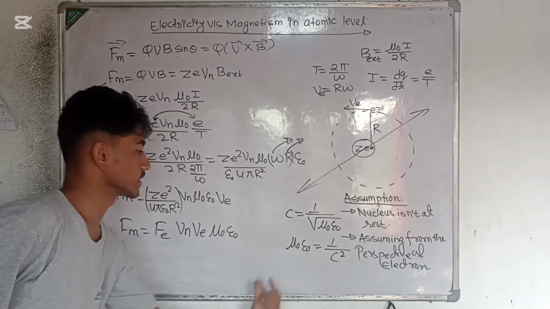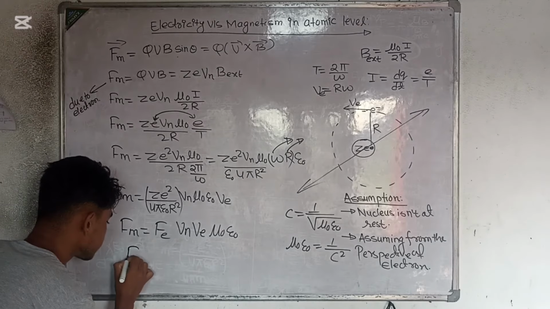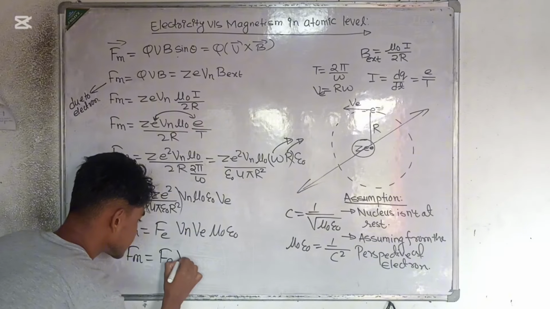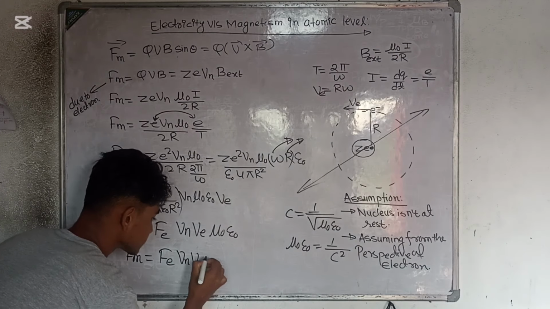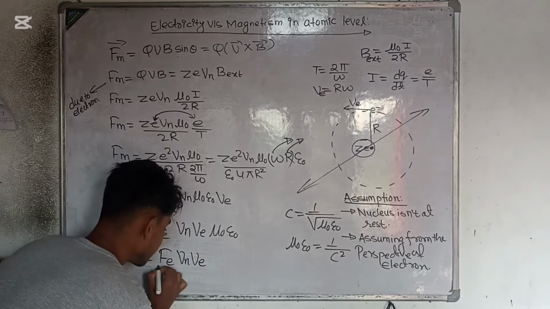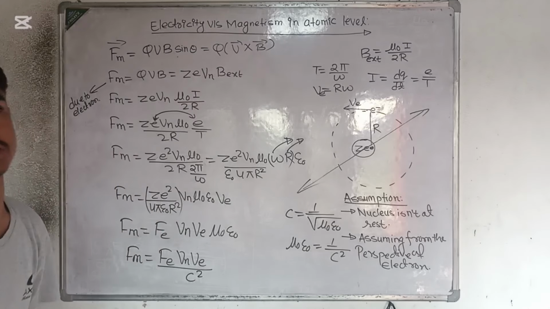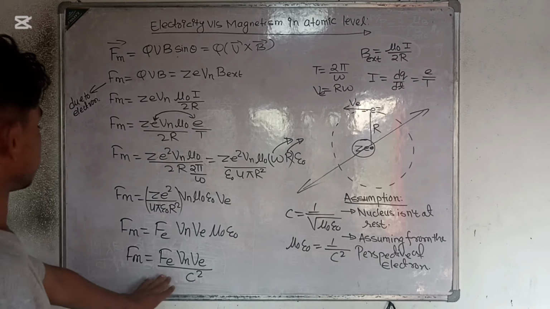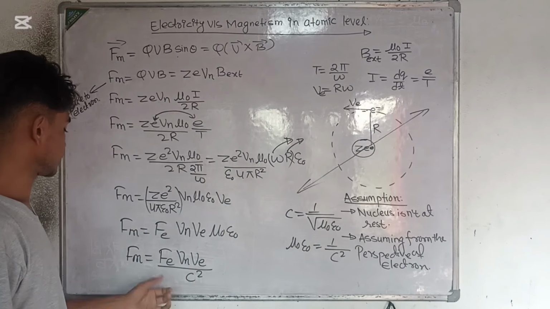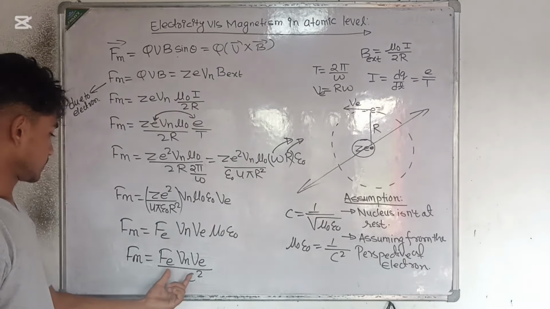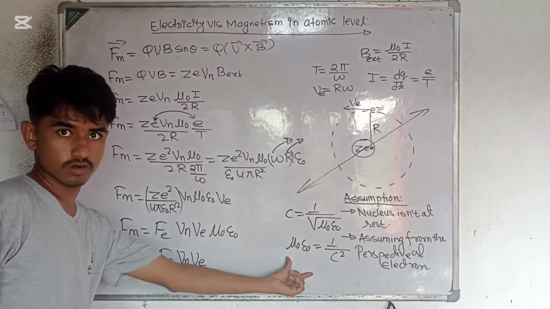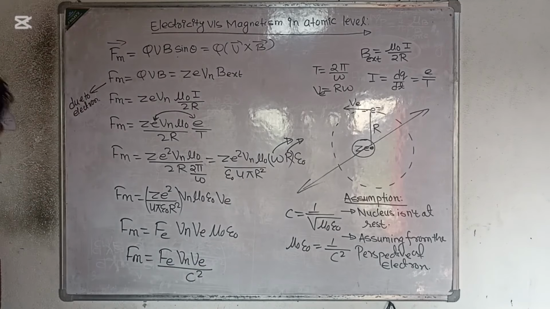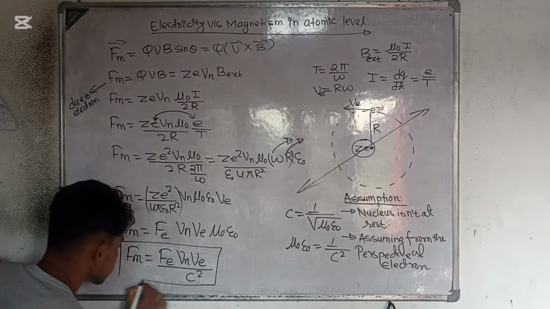So the magnetic force would be the electrostatic force times velocity of nucleus times velocity of electron divided by the speed of light squared. If you had this knowledge from your old physics classes, I guess so. Okay, and I end up getting this result.